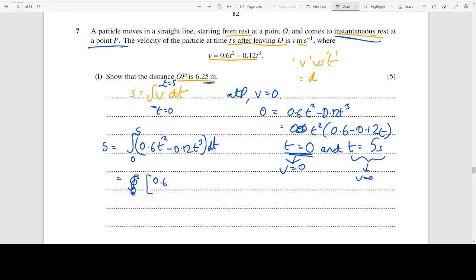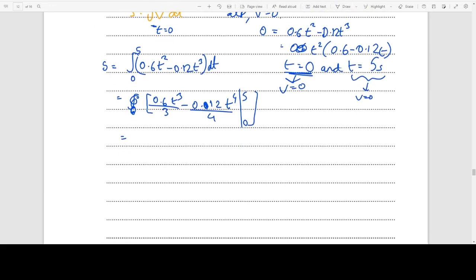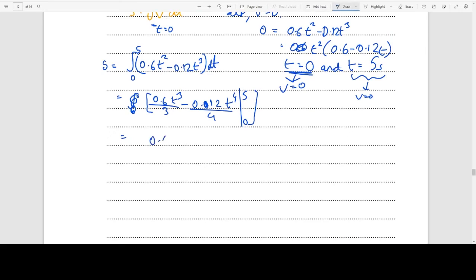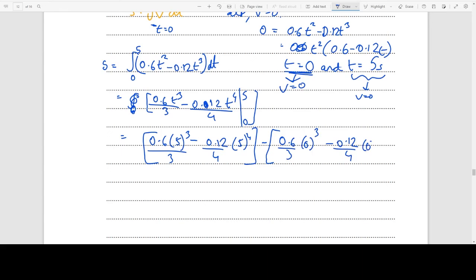We have 0.6t³ upon 3 minus 0.12t⁴ divided by 4, from 0 to 5, which is 0.6 times 5³ upon 3 minus 0.12 upon 4 times 5⁴, minus the one with the lower limit, 0.6 upon 3 times 0³ minus 0.12 upon 4 times 0⁴.